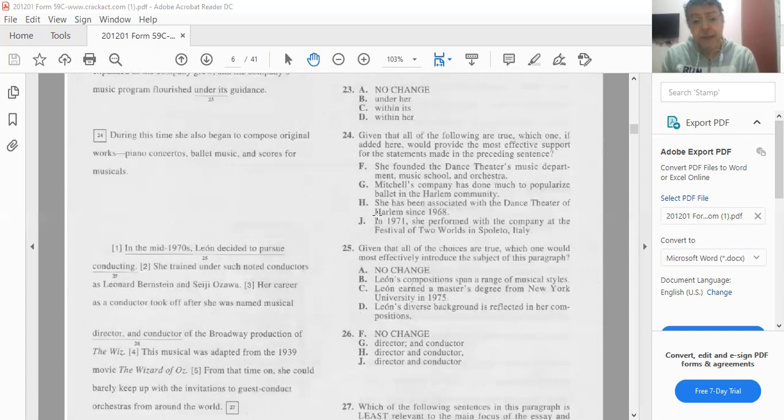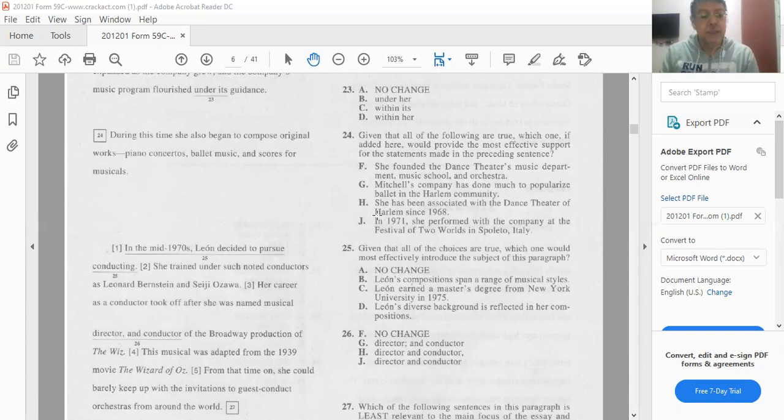Leon earned a master's degree from New York University. Leon's diverse background is reflected in her compositions. No, no change is the best choice because it says she decided to become a conductor or pursue conducting, and she was trained under notable conductors such as so on. So the best introductory sentence for that paragraph would be as it is. A is the best answer.